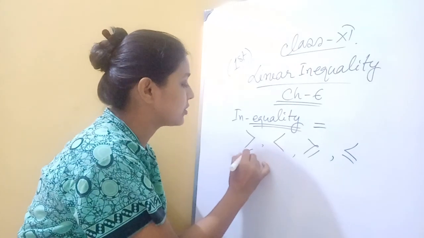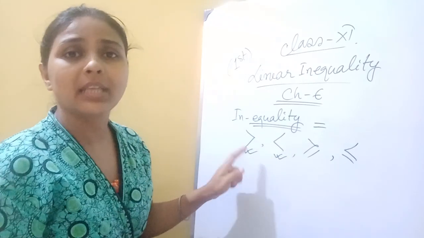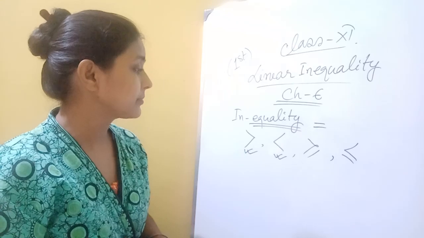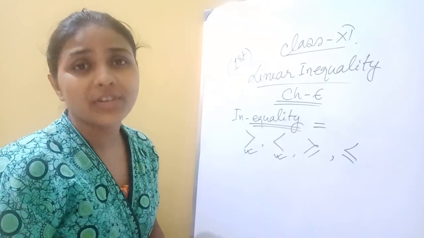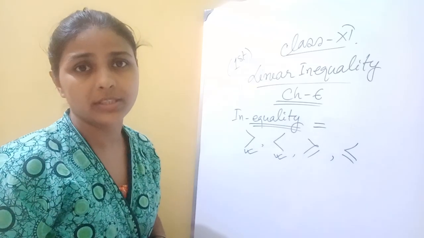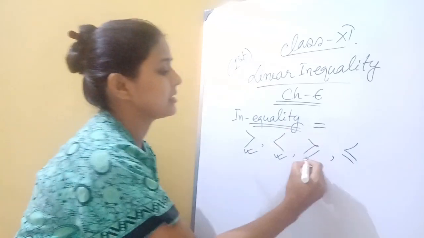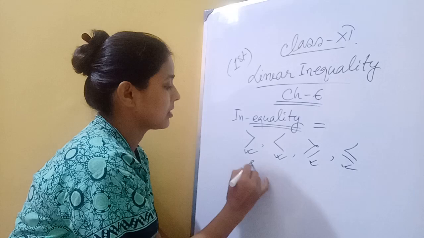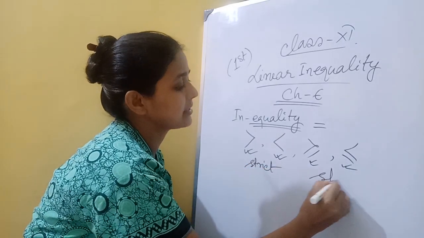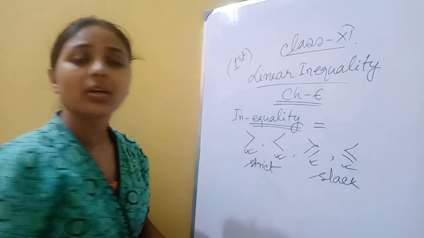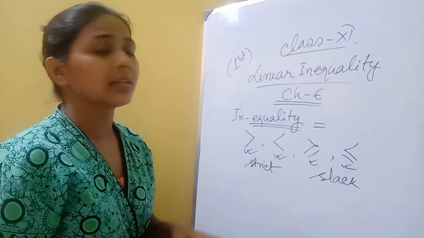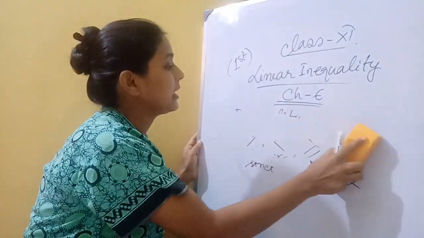Now these two symbols are called strict inequality symbols. These two are called slack inequality symbols. Strict and slack. Okay, now these are the symbols.